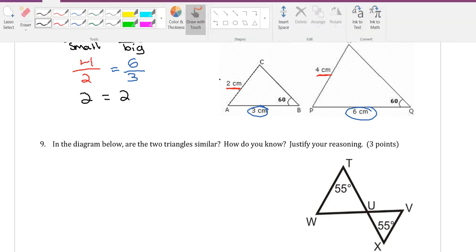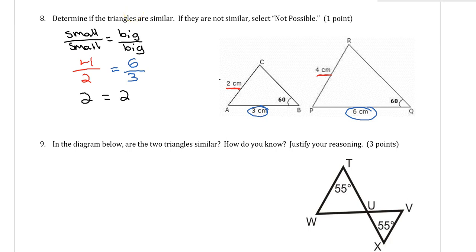The next thing I need to see is, does the angle between those sides, are congruent? So, I draw the lines I just used, so 2 and 3, and then 4, where 4 is and where 6 is. Those are those sides.